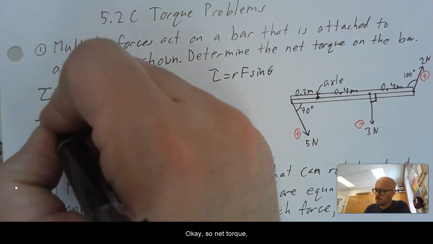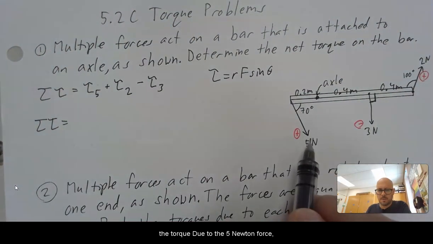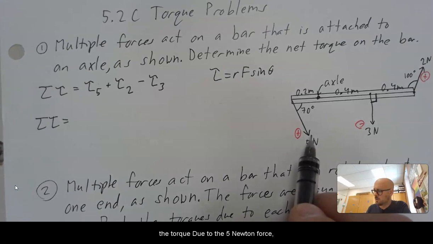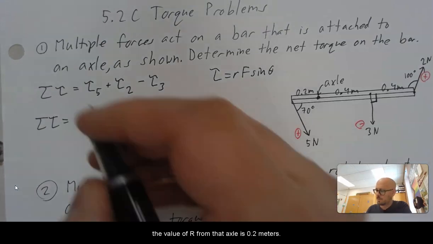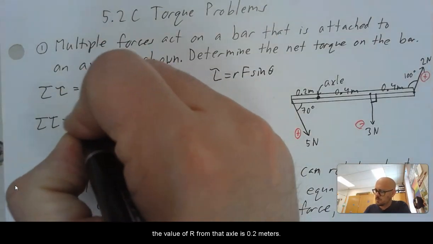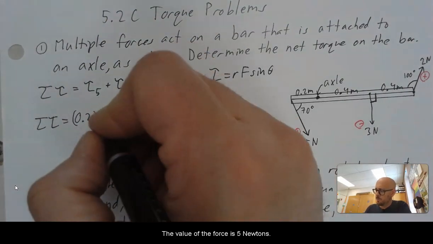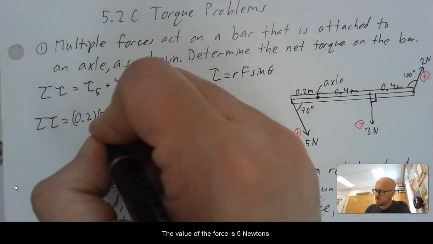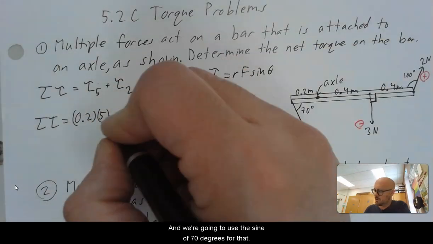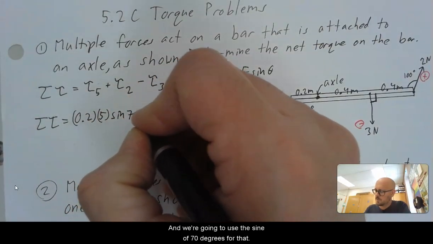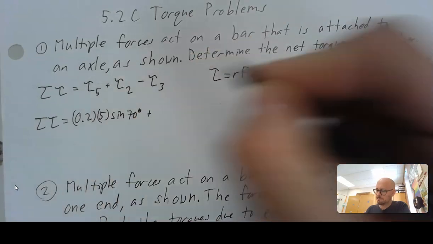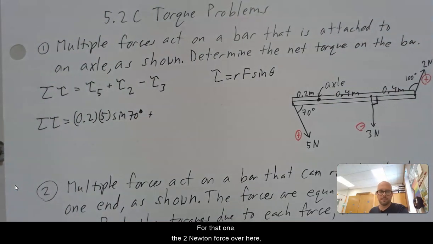Okay, so net torque. The torque due to the 5 Newton force. The value of R from that axle is 0.2 meters. The value of the force is 5 newtons. And we're going to use the sine of 70 degrees for that. All right, so that's pretty simple for that one.